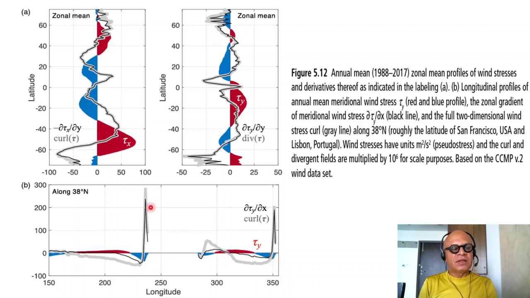So they on the western boundary side should correspond to approximately the separation of the boundary currents from the coast, Kuroshio becomes the North Pacific Current, Gulf Stream becomes the North Atlantic Current, and so on.